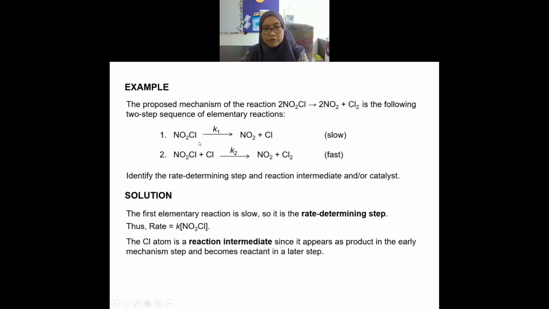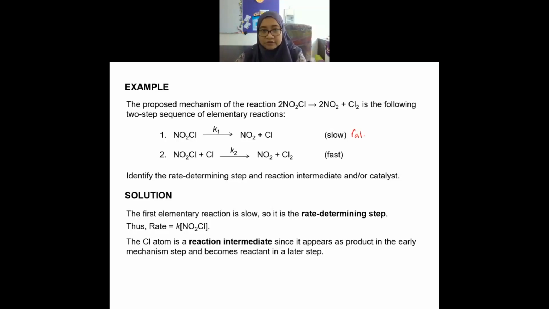Actually, if you were to apply what we have learned before, we know that we can write the rate law of each elementary step by using the molecularity from the chemical equation. If the question doesn't ask, I just want to write the rate law for each of the elementary steps.